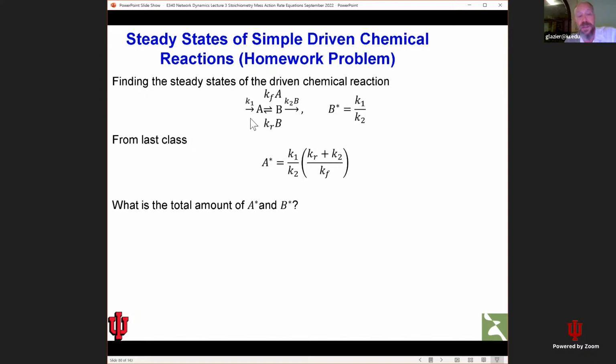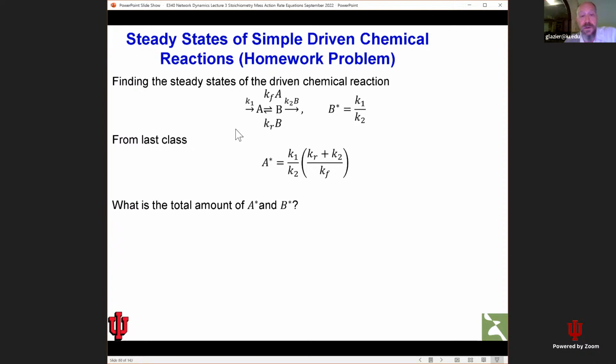This makes sense because I'm putting material in at a rate K1, and I'm taking material out at a rate K2 times the amount of material. So the net amount of material in my system overall is proportional to K1 and inversely proportional to K2.